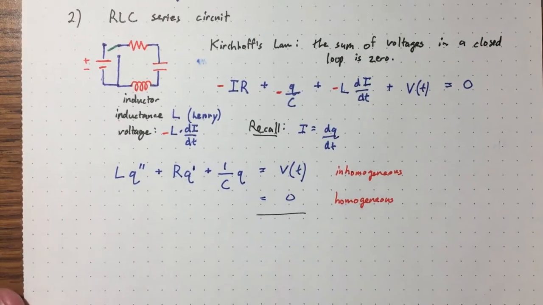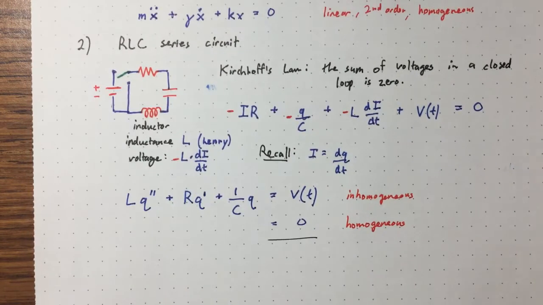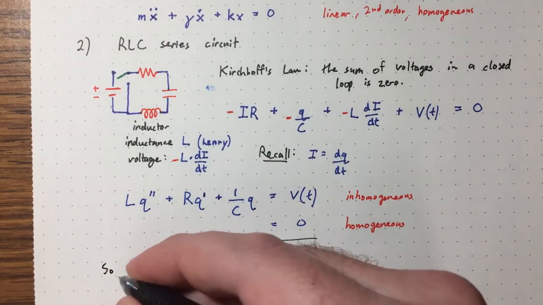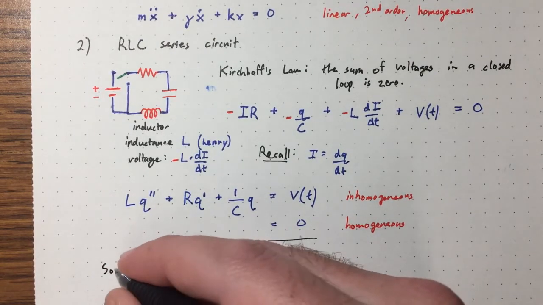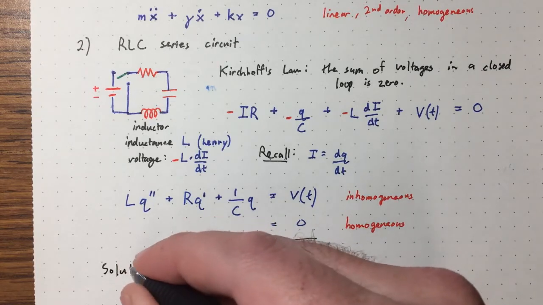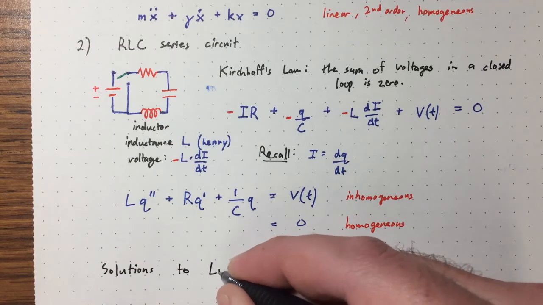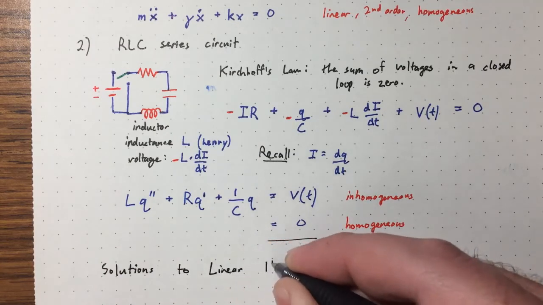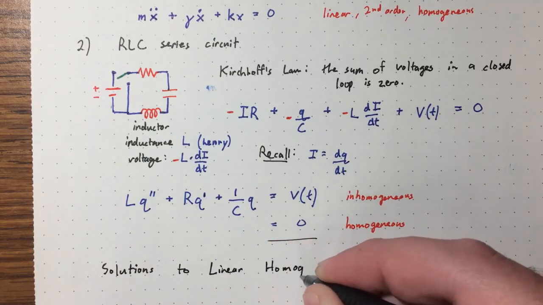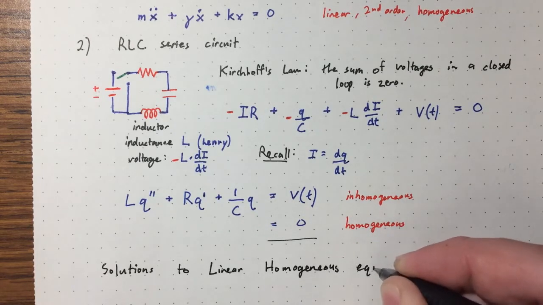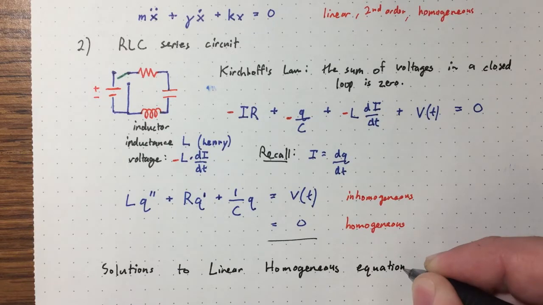Okay, so I've done enough examples. I'd like to actually talk about the solutions to these linear homogeneous equations. So solutions to linear, let's stick with homogeneous equations for now. We'll talk about both homogeneous and inhomogeneous differential equations.